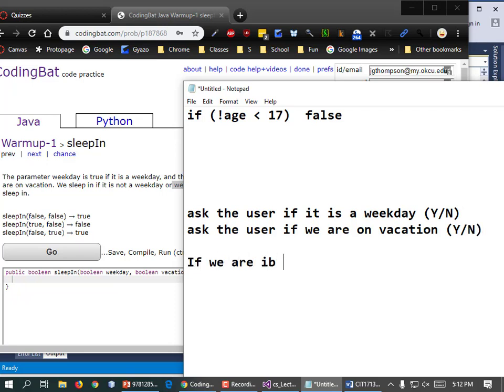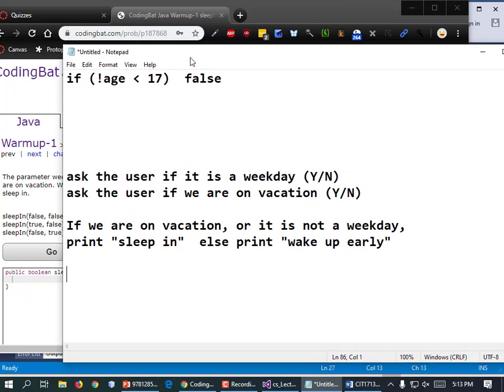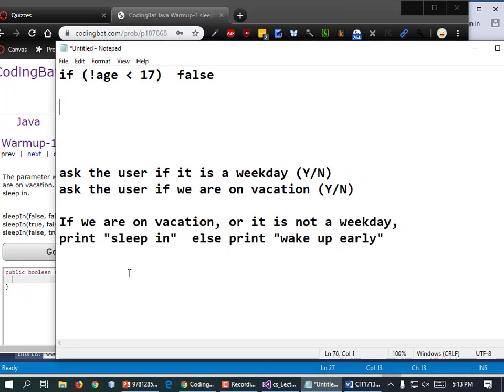If we are on vacation, or it is not a weekday, print sleep in. Else print wake up early. So that's problem 1.